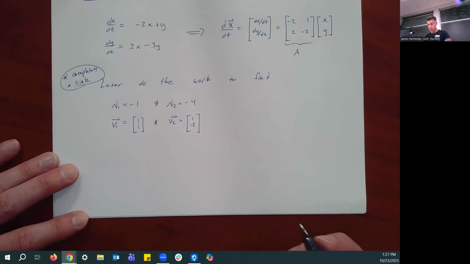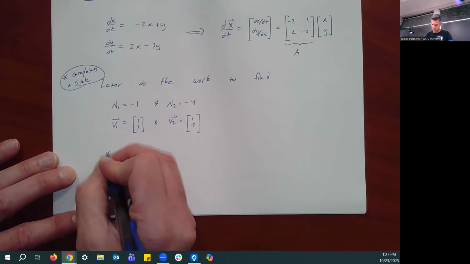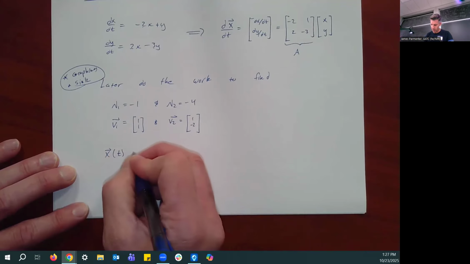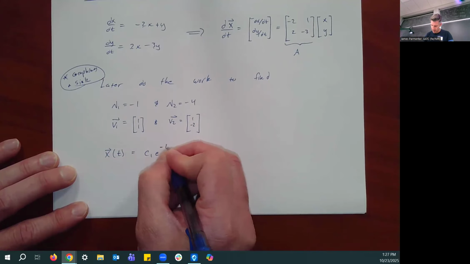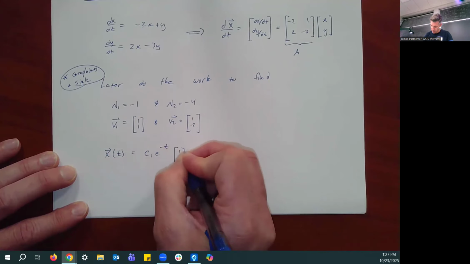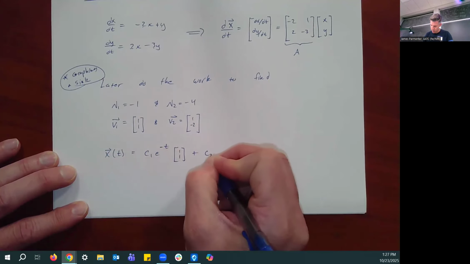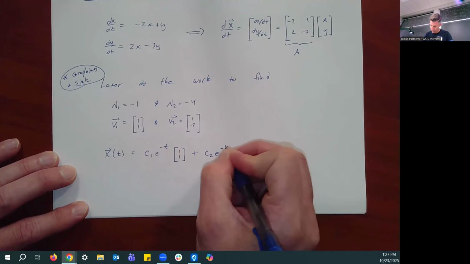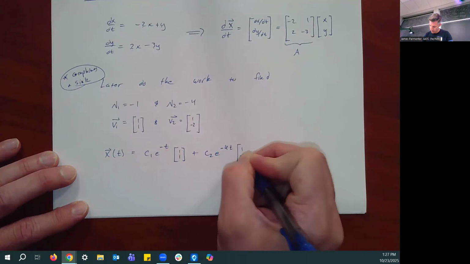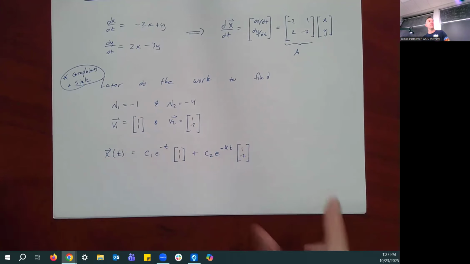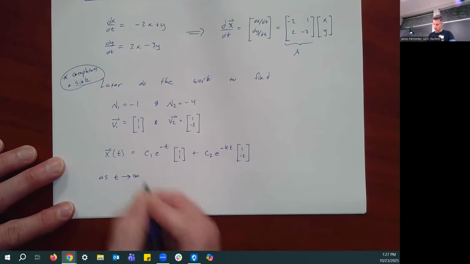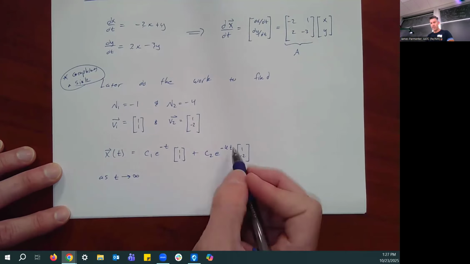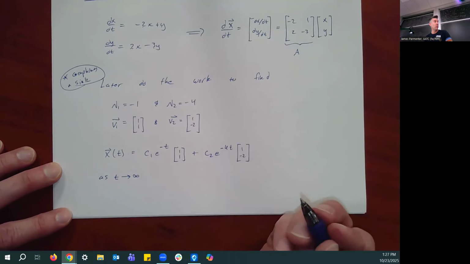But then our general solution would look like this. Our solution is x of t as a vector equal to c1 e to the -1 times t times v1 plus c2 e to the -4 times t times v2. The point I want to make here is that as t goes to infinity, both e to the -t and e to the -4t go to 0.